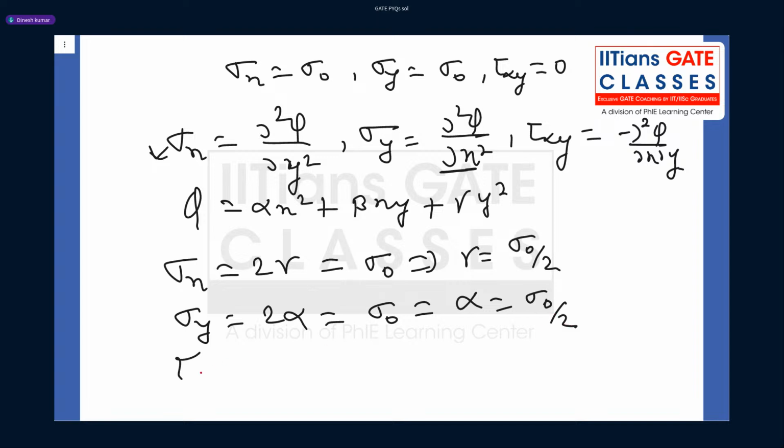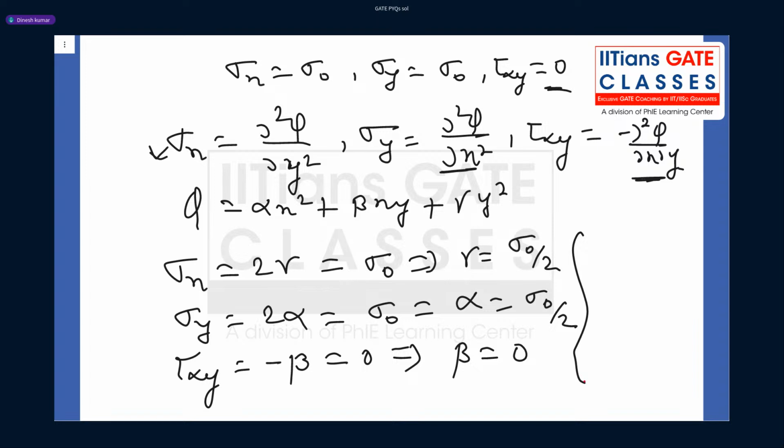Now what about tau xy? When you differentiate phi twice with respect to x and y, you will get tau xy equal to minus beta, and we already know tau xy here is 0. So from here beta is 0. So what is your alpha, beta, gamma?